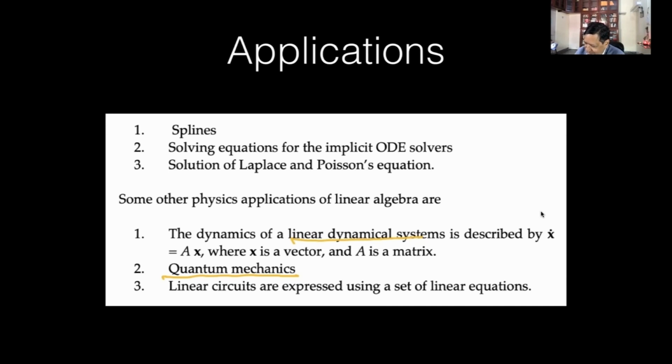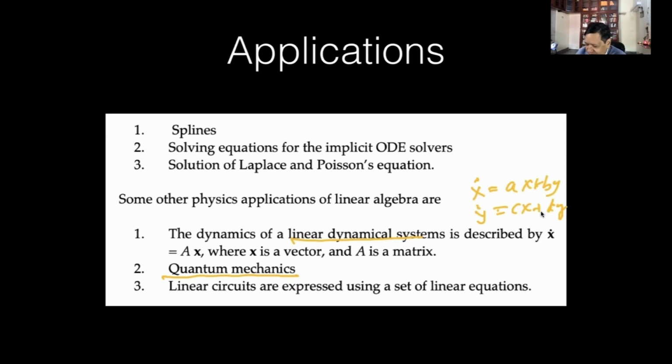For example, we write the equation x dot is ax plus by, y dot is cx plus dy. These are called linear dynamical systems. x and y are varying, but the right hand side only involves a linear function of x and y.